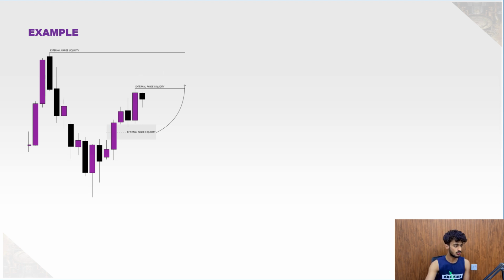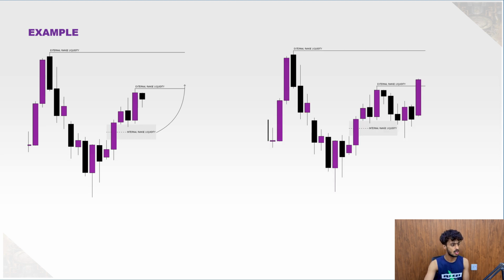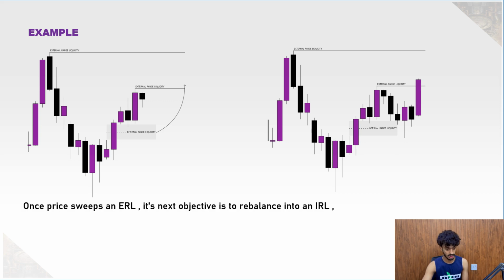We also got this swing high. I told you about swing highs and swing lows in previous videos. You can watch them, that's the basic series. So we have taken out this internal range liquidity, and our next draw on liquidity was to take out these highs.